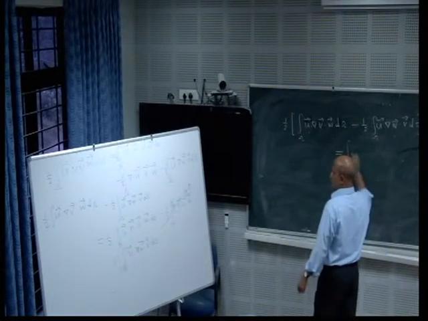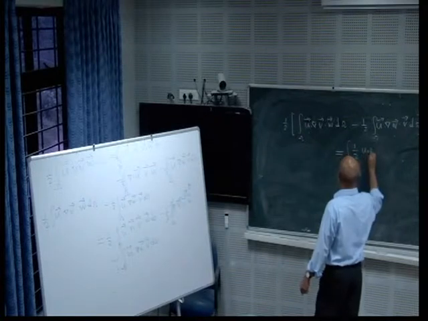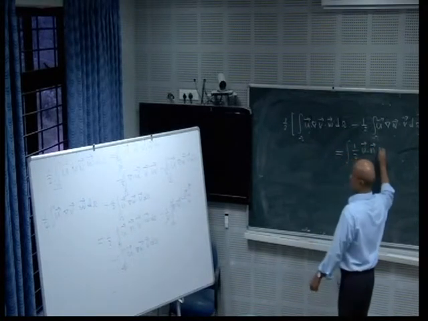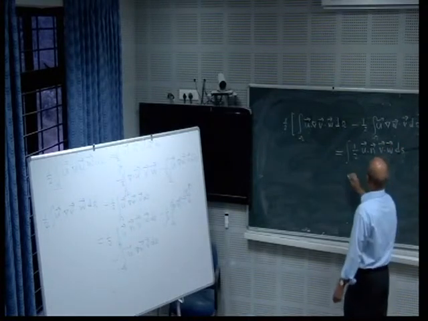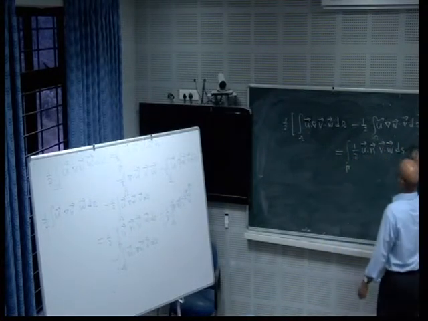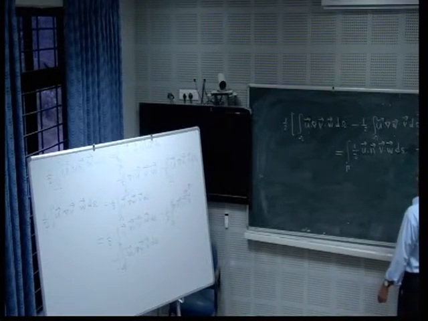So let me put that inside: 1/2 u dot n, w, ds, minus u dot gradient of w.